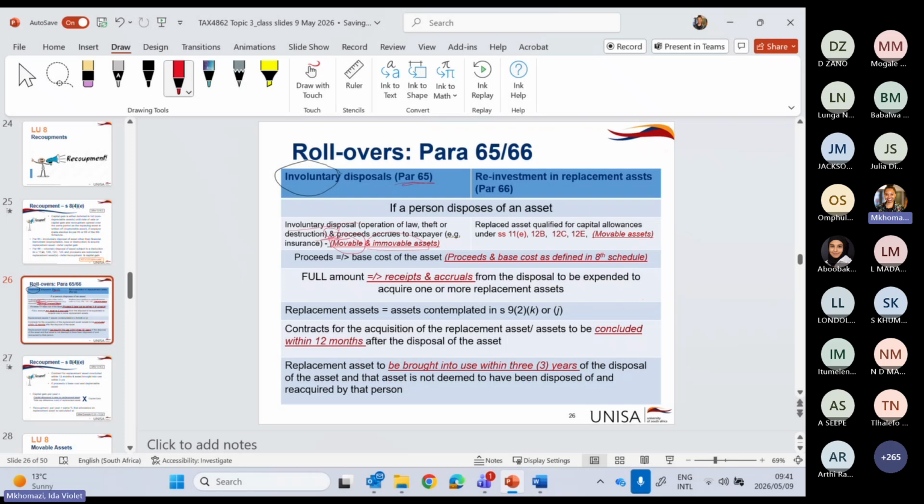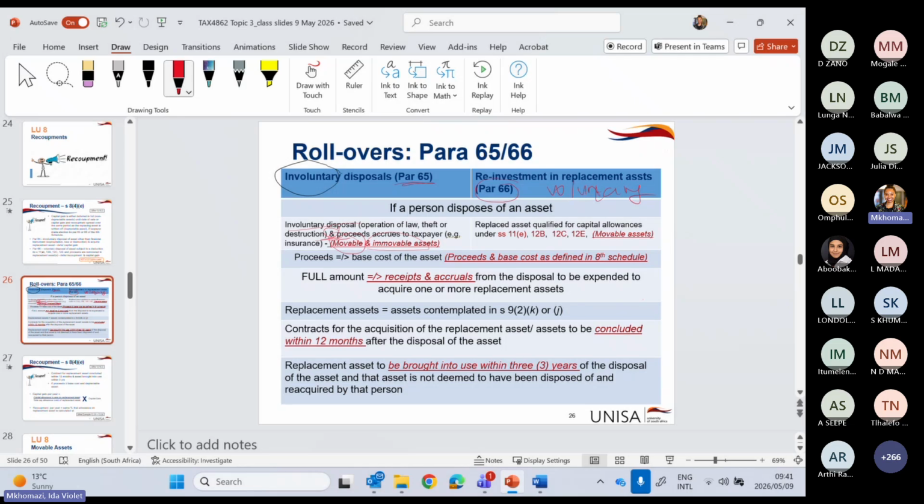On the other hand, we have paragraph 66. So 66 applies to a voluntary disposal. This means that here a taxpayer intentionally wants to replace an old asset with a new one, which is the case for Mabasa Nuts, where they replaced the old truck with the new truck.